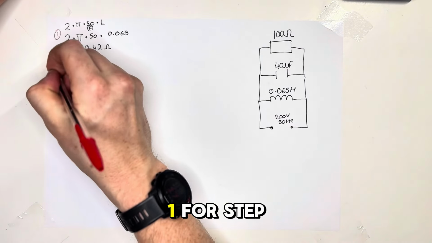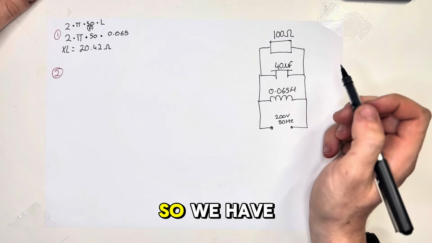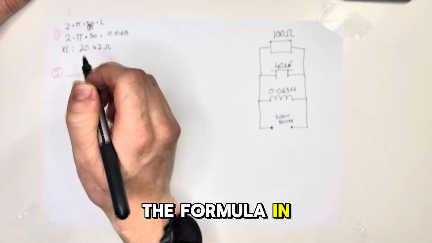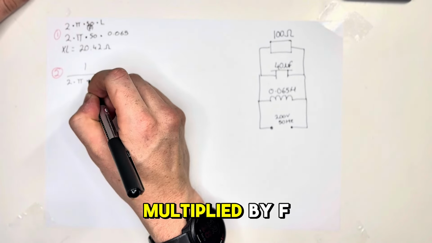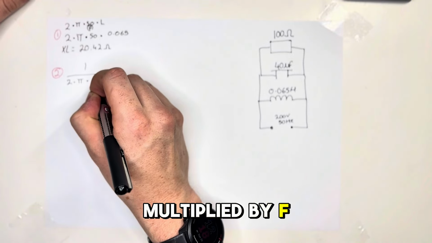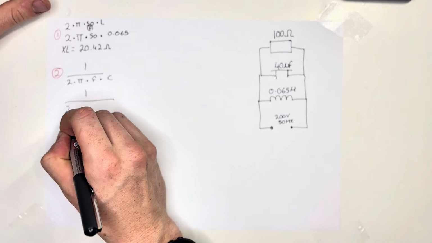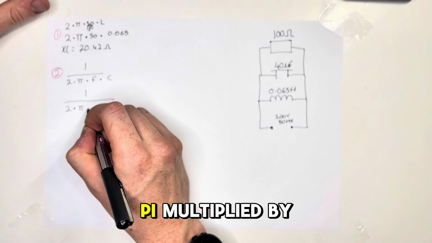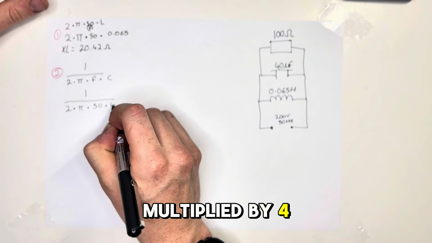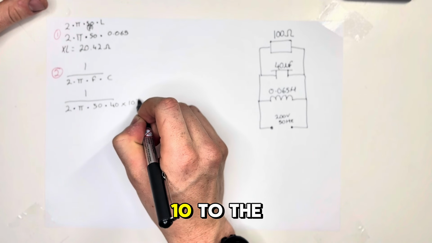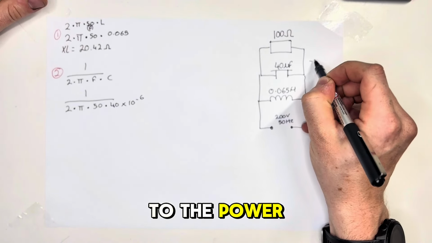Alright, that's step 1. For step 2, we have to find capacitive reactance. We have the formula in our formula book: XC equals 1 over 2 multiplied by pi multiplied by F multiplied by C. So we have 1 over 2 pi multiplied by 50 multiplied by 40 multiplied by 10 to the power of minus 6, because it is in microfarads.